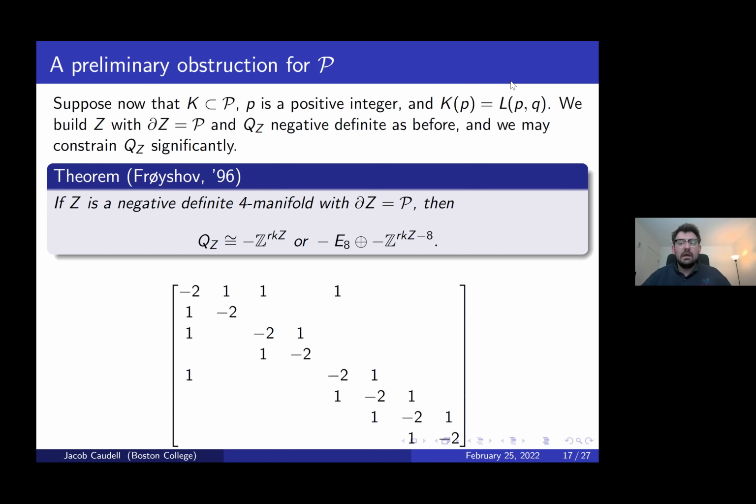It's just a happy coincidence, I think. So we start with the Poincaré homology sphere, and we know that Z has one of these two intersection forms.